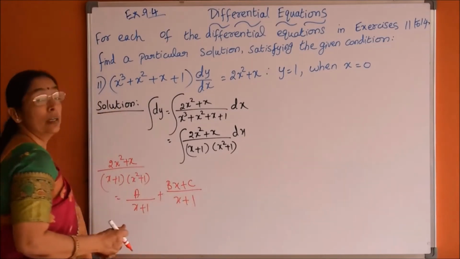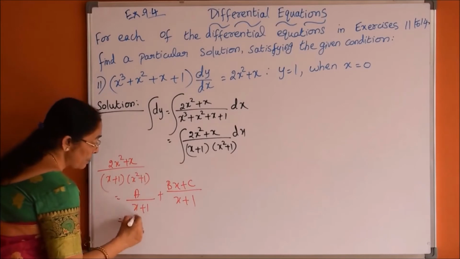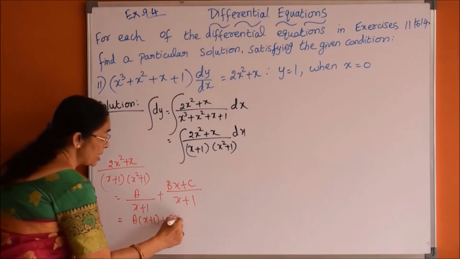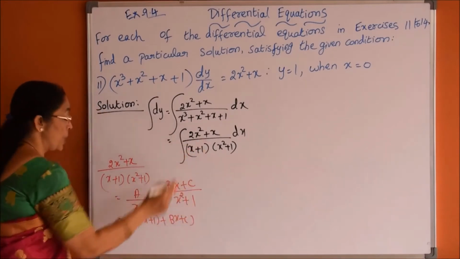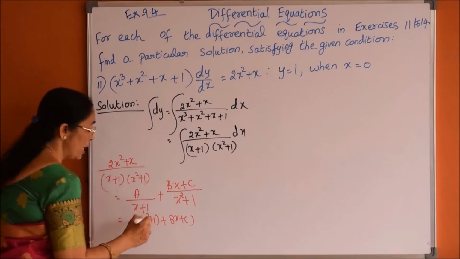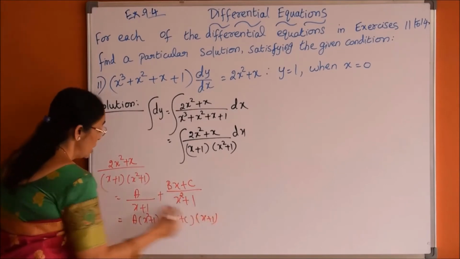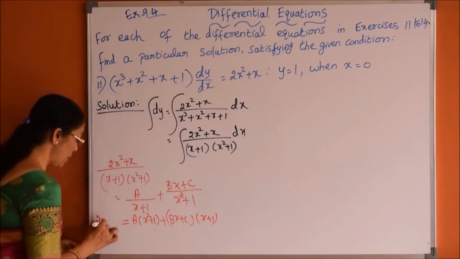Hope you remember how to do partial fraction. So now the right hand side is a into x square plus 1 plus bx plus c of x plus 1, which is equal to the left hand side, 2x square plus x.